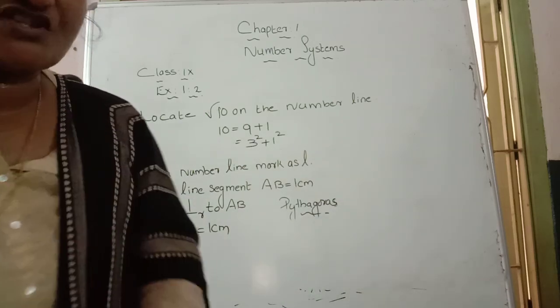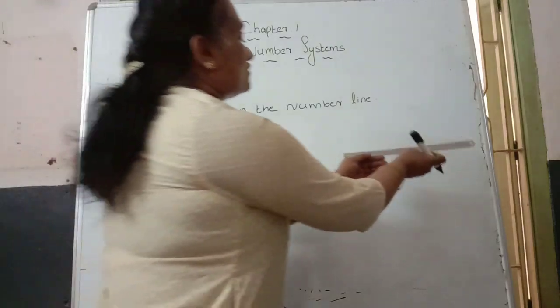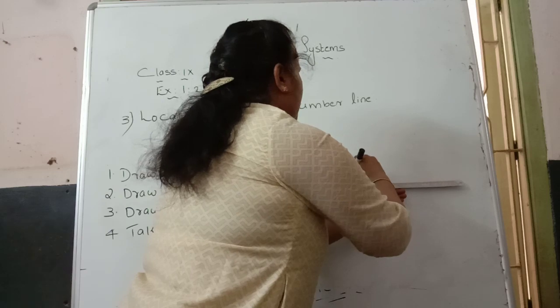What is the remaining step? First we draw a number line. So first take out the scale and draw the number line.